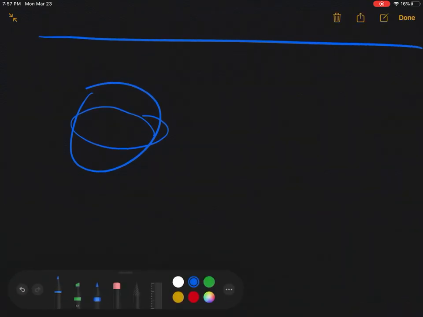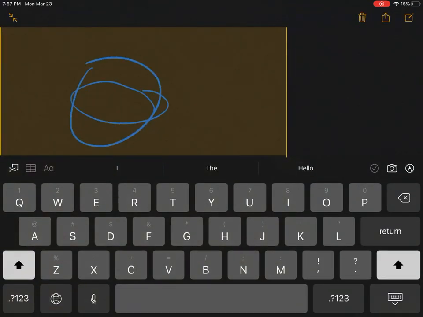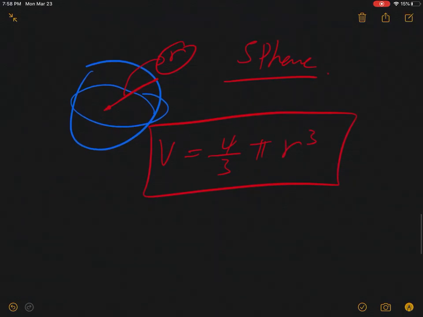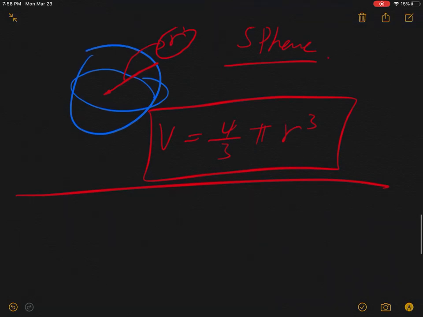Suppose that this is the center of the ball, and this is a point on the boundary of the ball, so this must be the radius. If we are given the radius of the sphere, then the volume of the sphere is equal to 4 over 3 multiplied by pi multiplied by the radius to the power of 3. You just need to memorize that with no proof to be given at this stage.